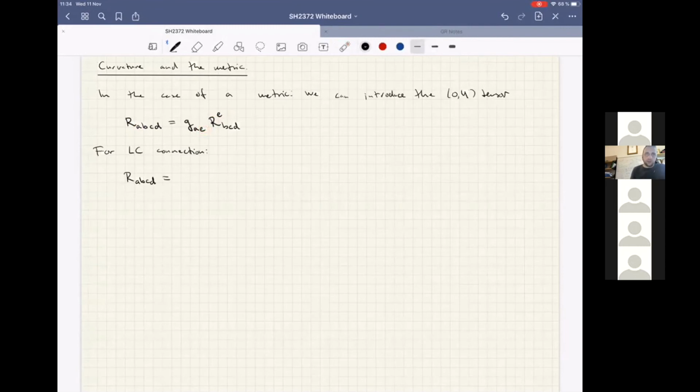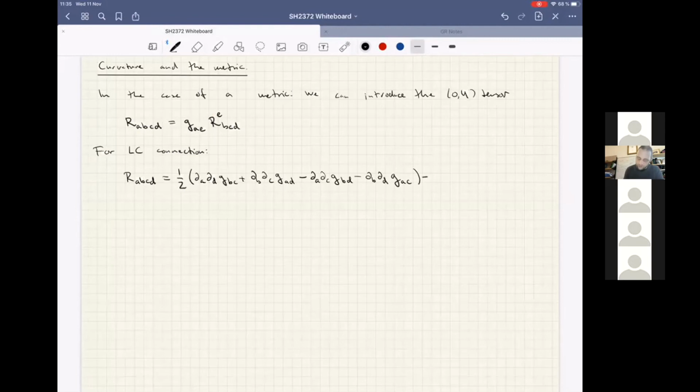It is going to turn out to be 1/2, and it's going to contain a lot of second derivatives of the metric components: d_A d_D g_BC, plus d_B d_C g_AD, minus d_A d_C g_BD, minus d_B d_D g_AC.